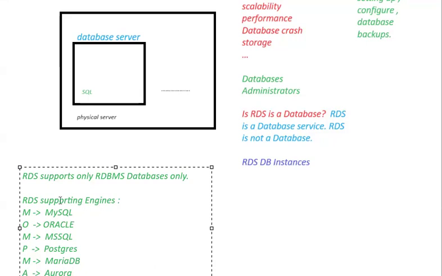Who provided MySQL? MySQL is open source. Who provided Oracle? Oracle is provided by the Oracle company itself. Who provided MS SQL? Microsoft itself. Who provided PostgreSQL? It's open source.